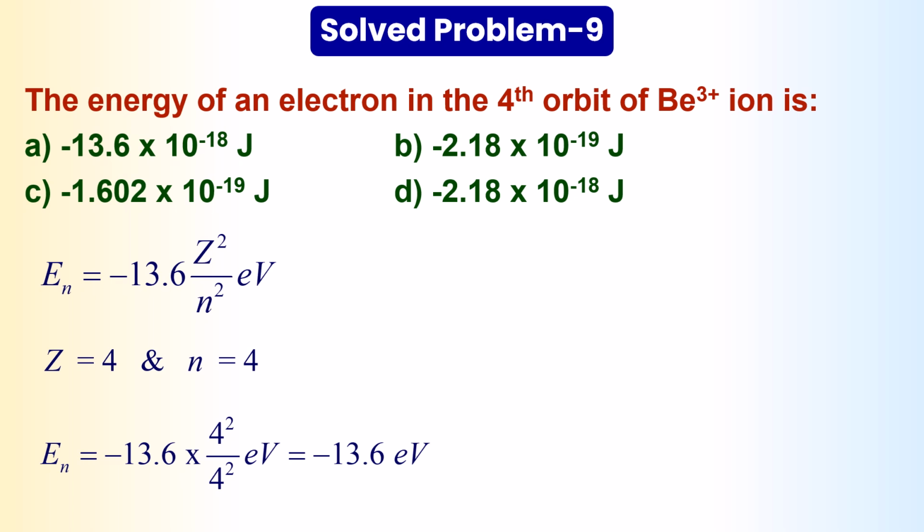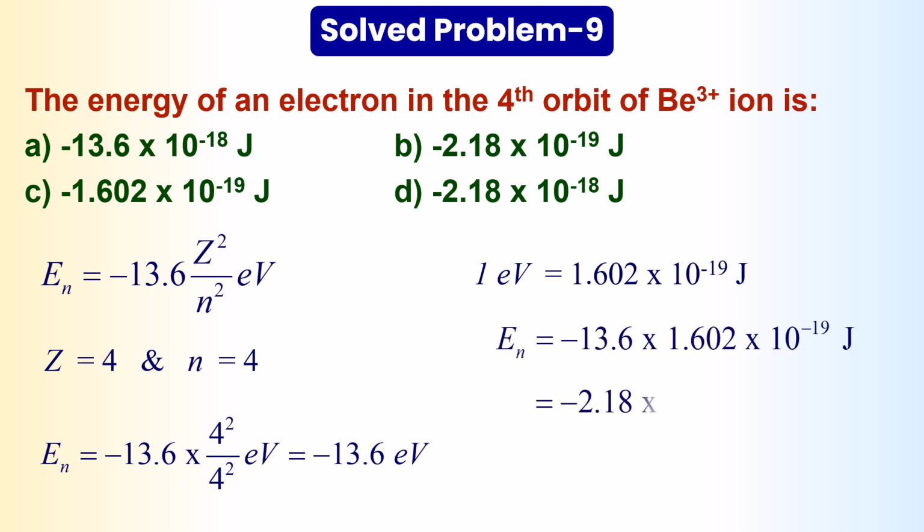Upon substituting, we get minus 13.6 electron volts. Now we have to convert electron volts into joules. By using this equation, 1 electron volt is equal to 1.602 into 10 power minus 19 joules. Remember this. So we get minus 2.18 into 10 power minus 18 joules. So the correct option is D.